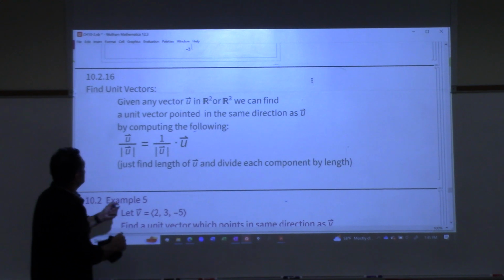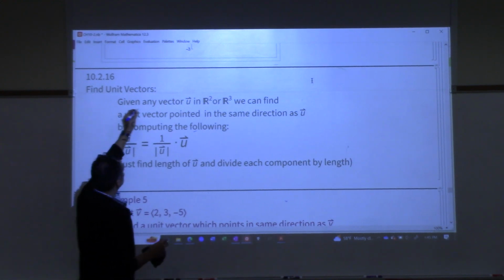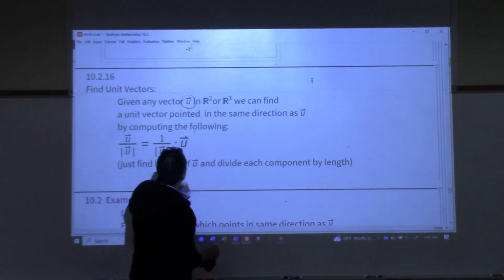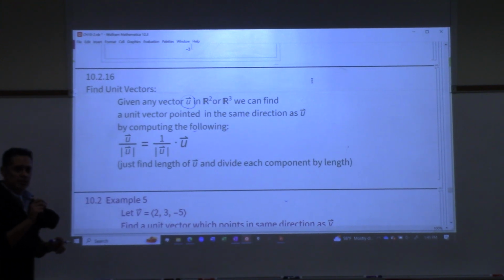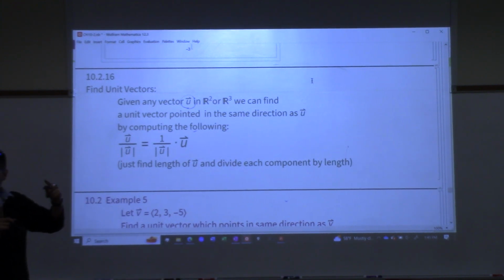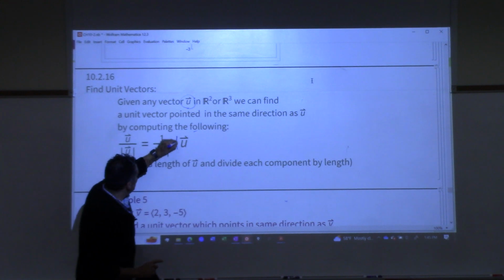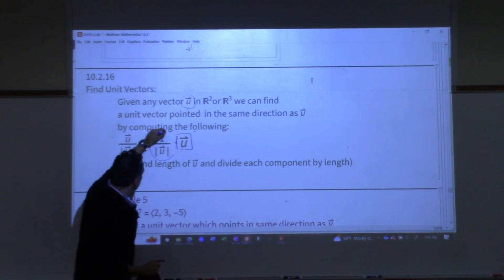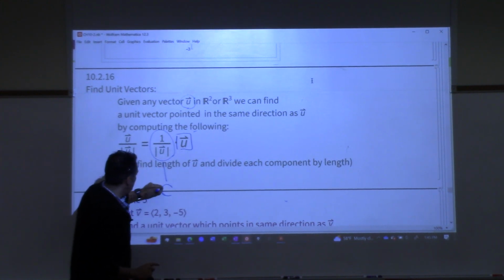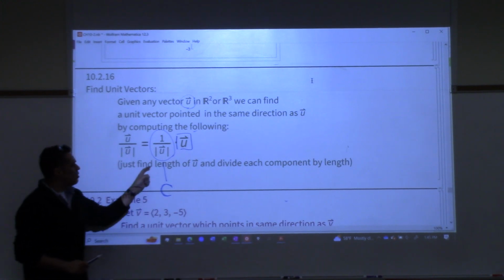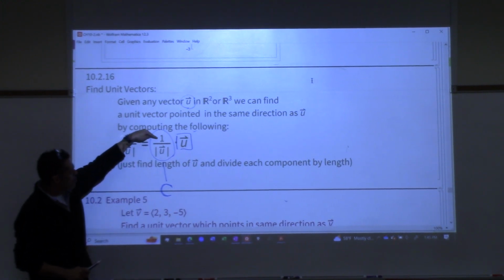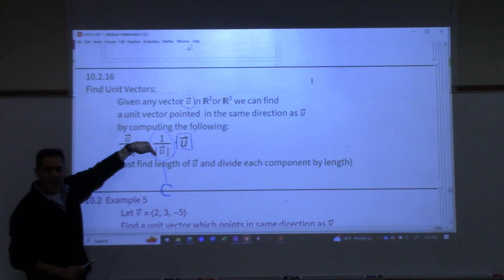So what we're going to do here, if we're given any vector, right, given any vector u, and we want to find a vector that points in the same direction but is a unit vector, what we will do is we will take that u vector and we will scale it. See, this right here is a c. It's a number. And do you see what it is? 1 over its own length. Yeah.